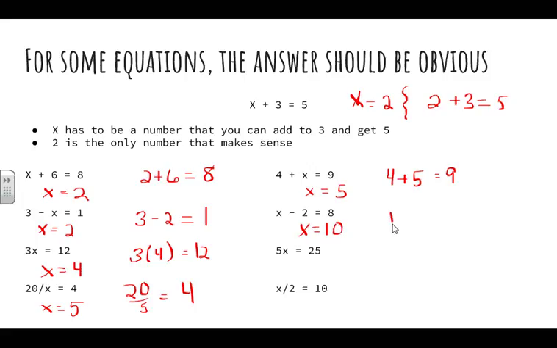If we wanted to check that, 10 minus 2 equals 8. Yes. All right, 5x equals 25. Once again, that's multiplication. So x has to be 5 for the third time here. And yep, 5 times 5 does equal 25.